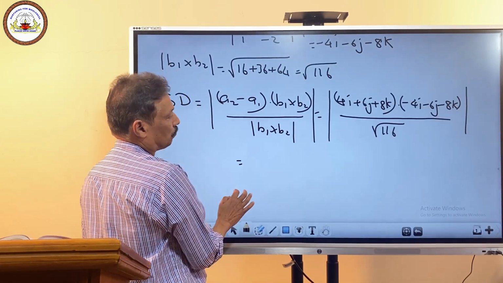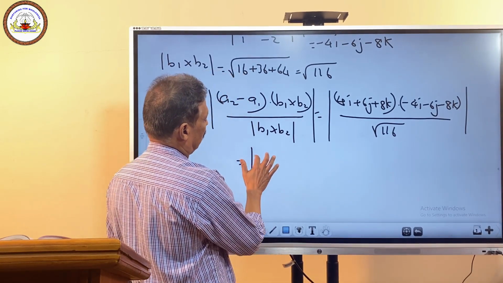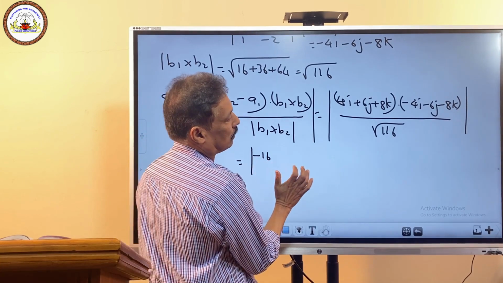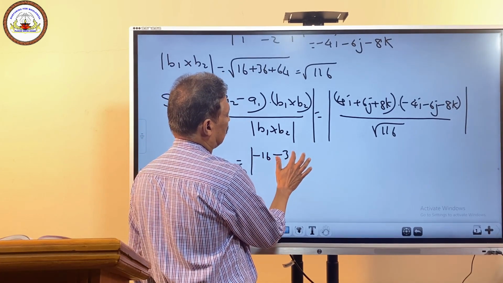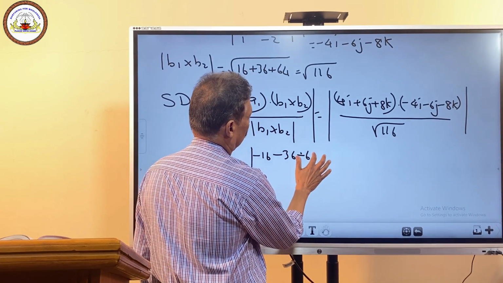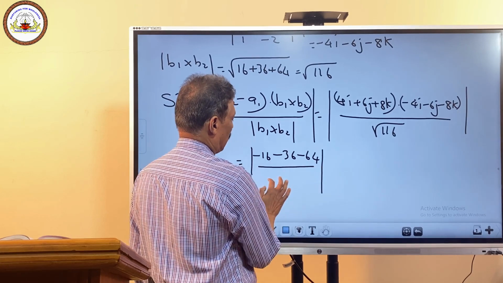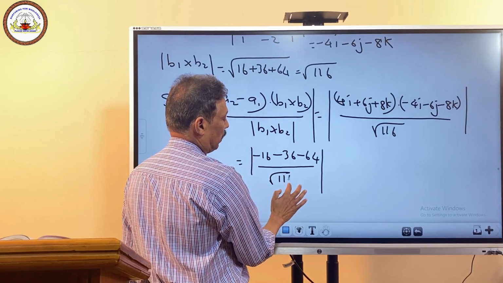That is equal to modulus of 4 into minus 4, minus 16, 6 into minus 36, then again plus minus 64, all divided by root 116.